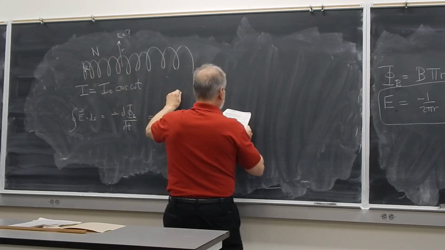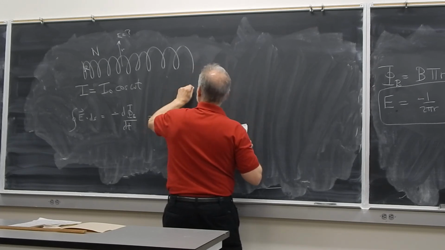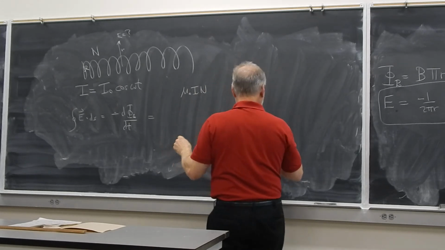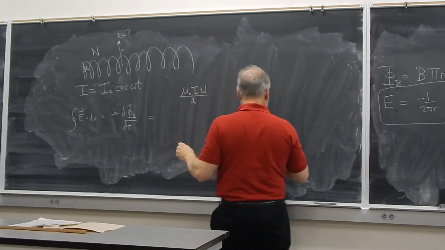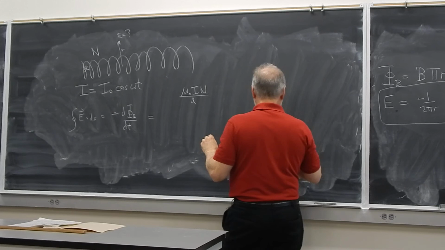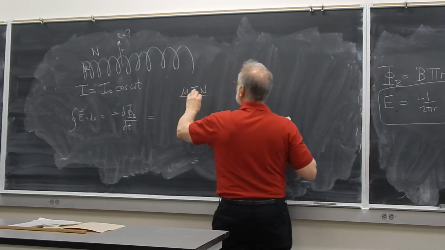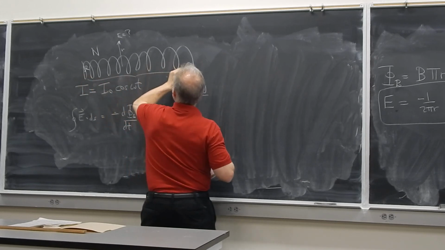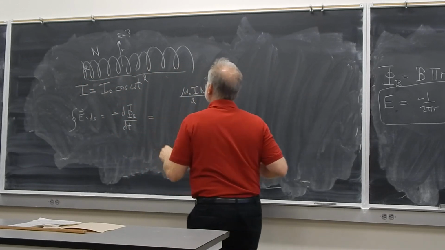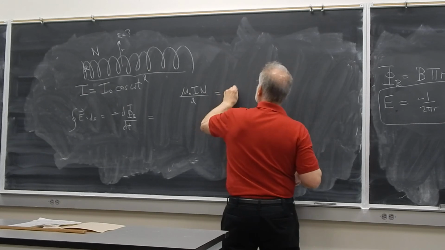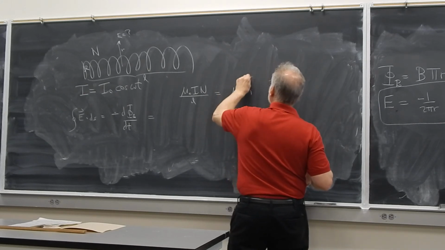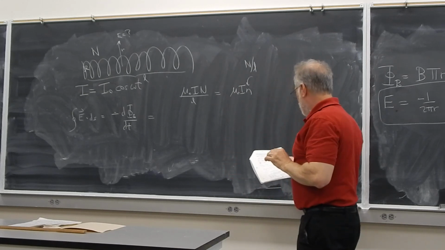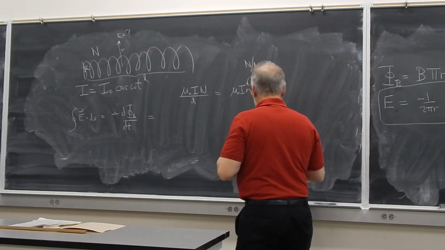The field for a solenoid is mu naught times I times the number of turns divided by the length of the solenoid. Suppose we give this solenoid some length L. We can also write this as mu naught I times little n, where n is just the number of turns per length. So we'll use that for our magnetic field.